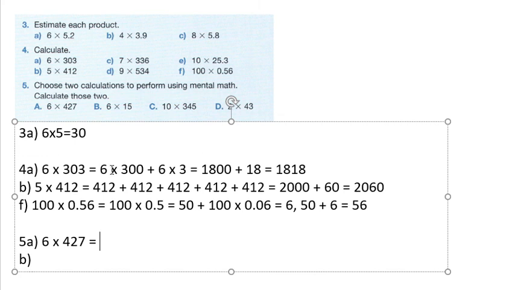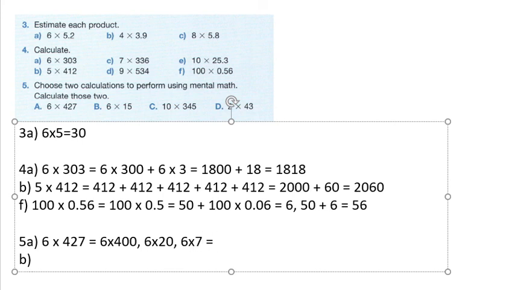What's important is that you can justify how you did it. So in my case, I may want to say I'll take 6 times 400, and then I'll take 6 times 20, then I'll take 6 times 7, and then add them all up.